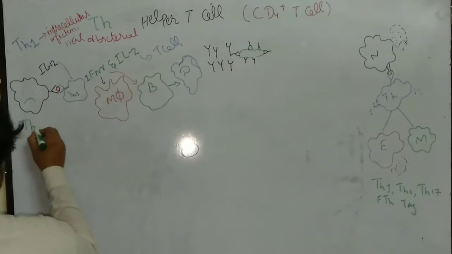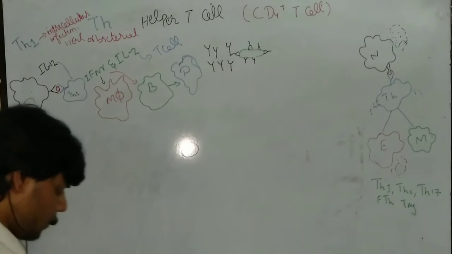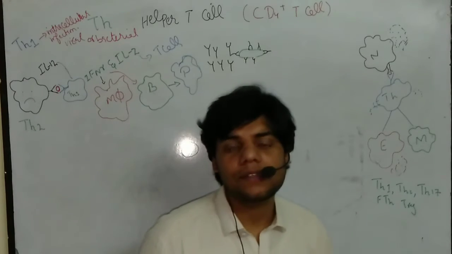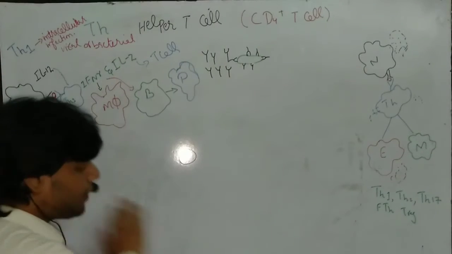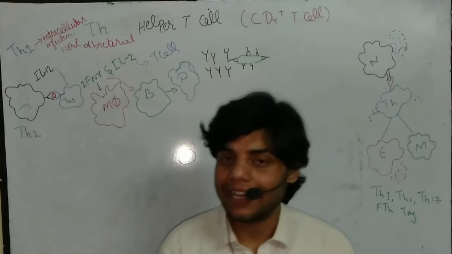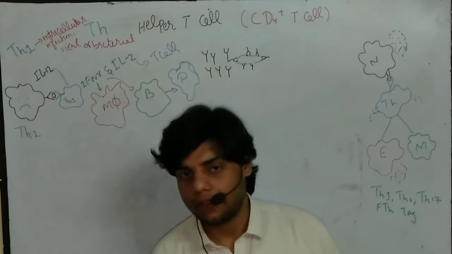T helper cell 2. At what time will helper T cell 2 be activated? This helper T cell 2 will be activated when there is a parasitic infection.